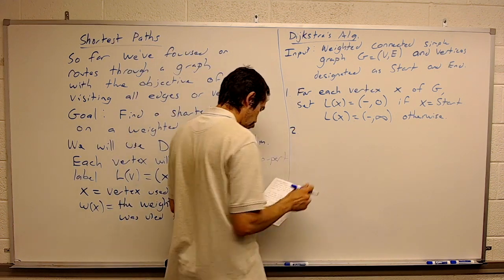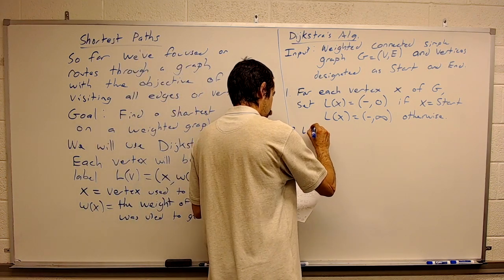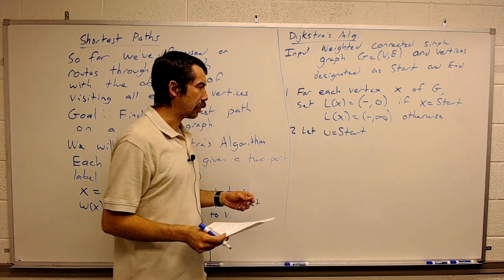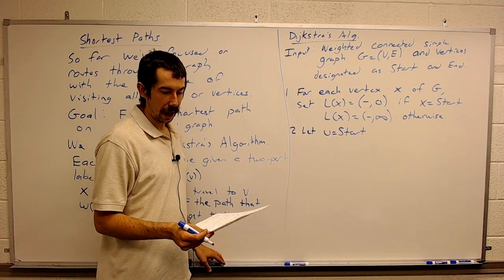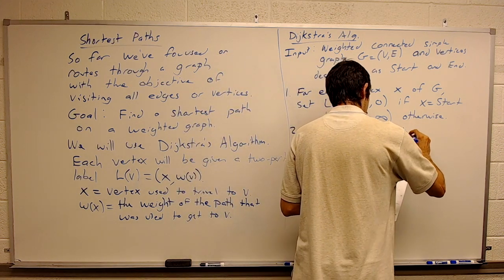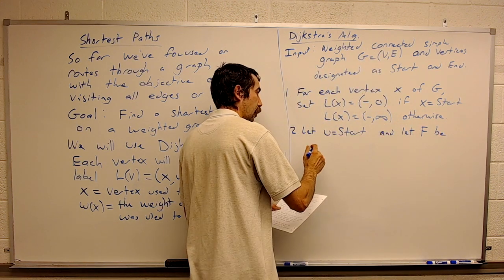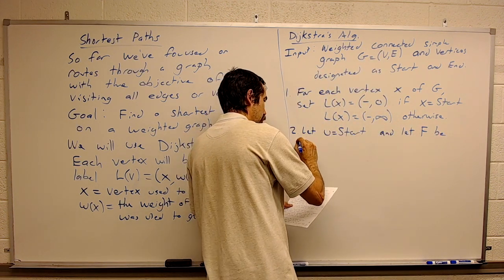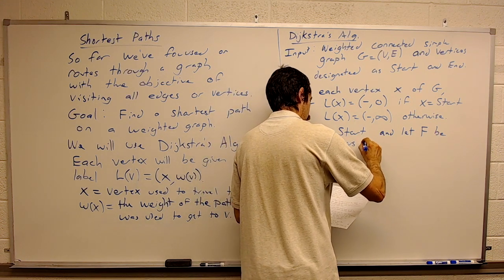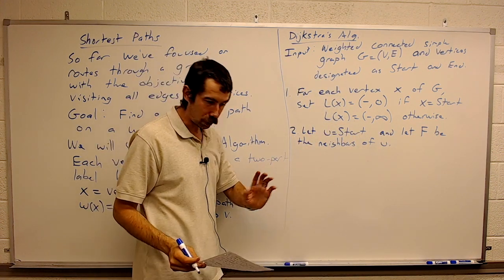Okay, step 2. Let u be the start, and we're going to let F be the neighbors of u. All right, so these are the edges that we could travel to initially.